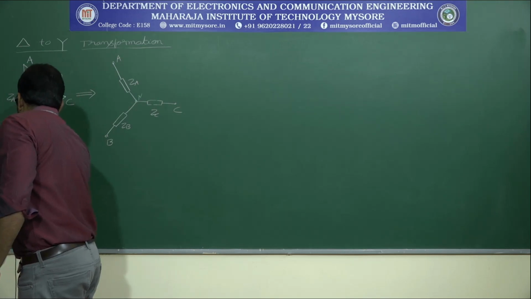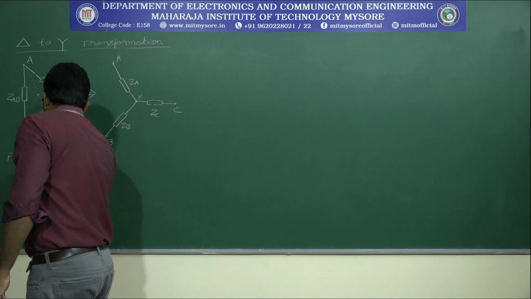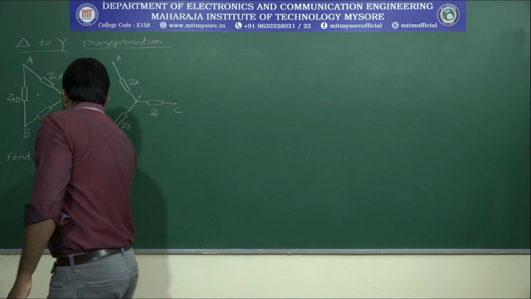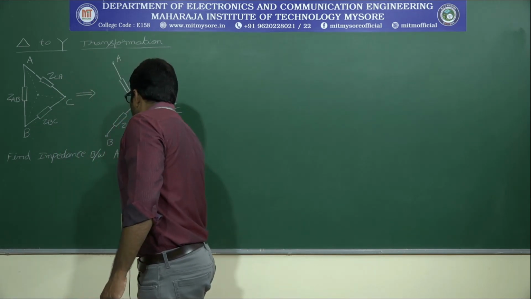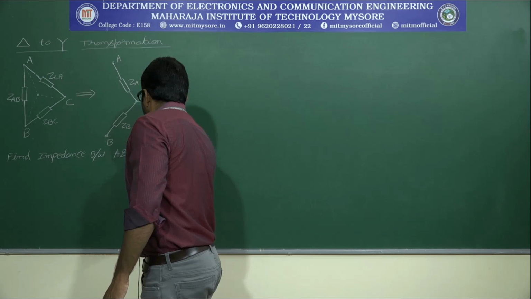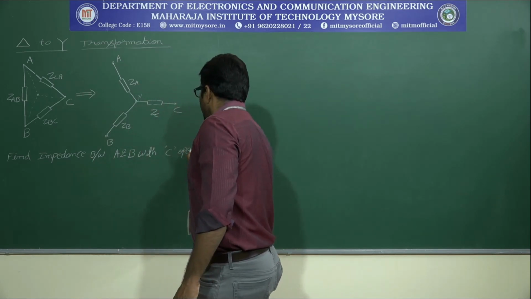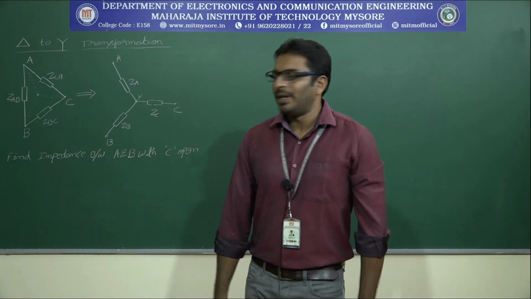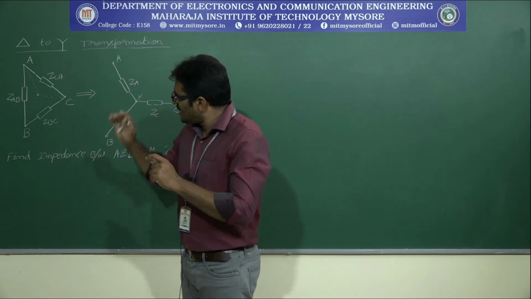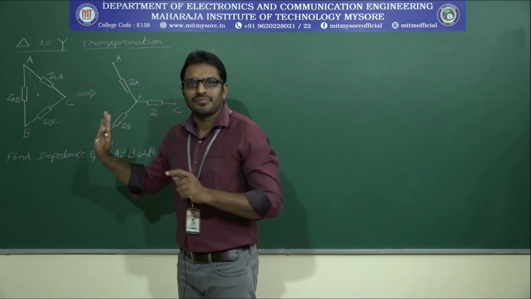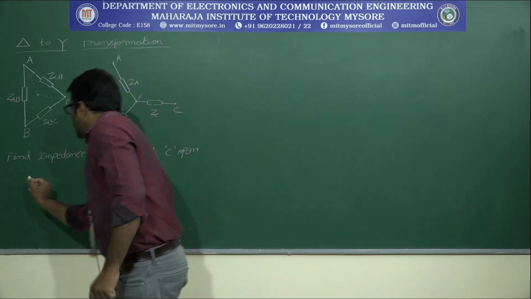Find impedance between A and B with C open. What does C open mean? Just ignore the terminal C. Now the circuit will be like this.